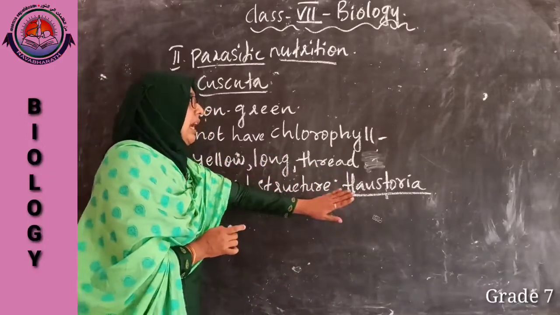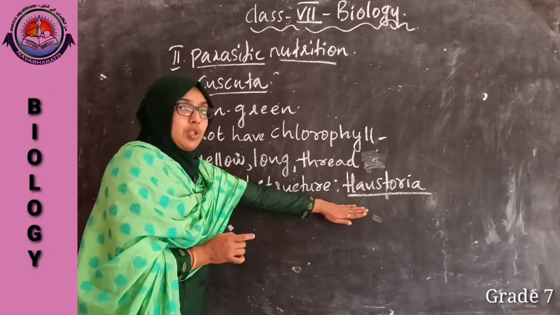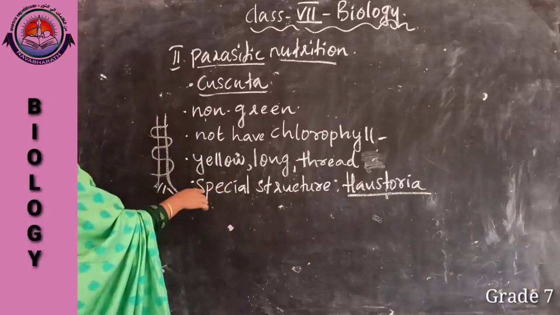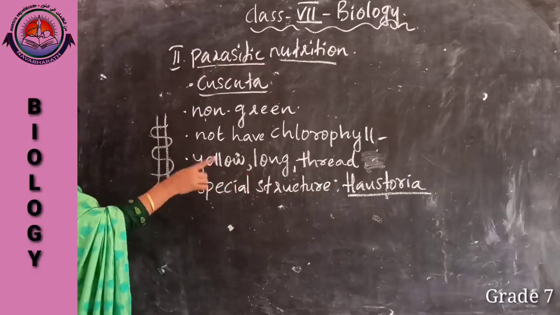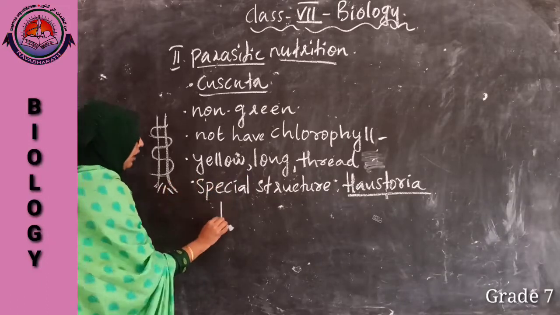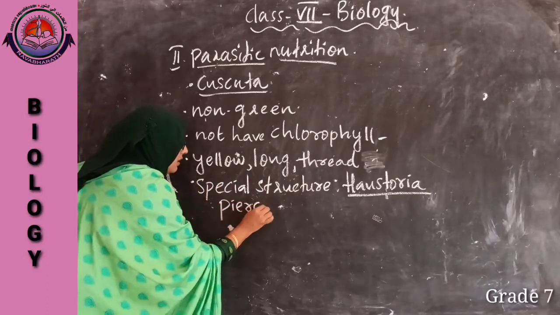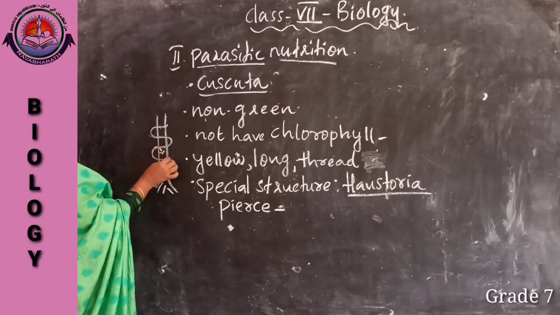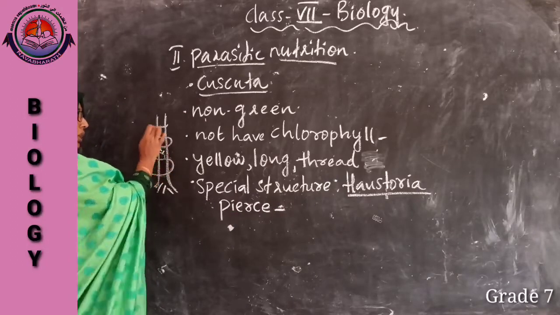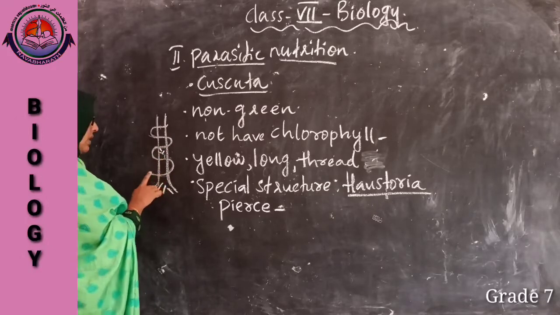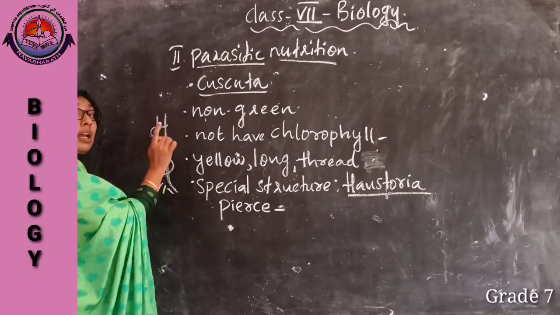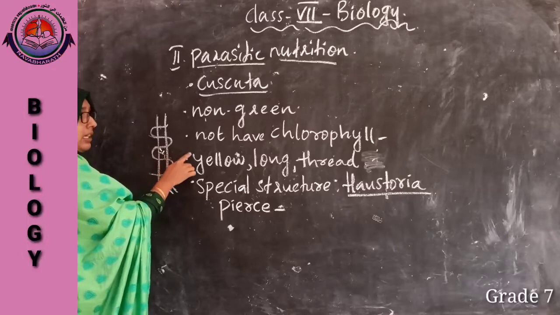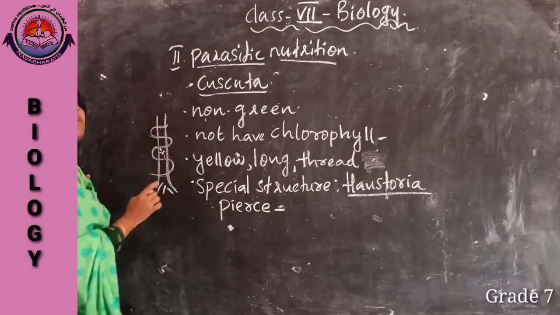Write and study, and the pronunciation is haustoria. With the help of this special structure haustoria, they would pierce into the plant body and absorb the ready-made nutrients from this plant. This is how Cuscuta is getting the nutrition. Clear? That is why they are known as parasite.